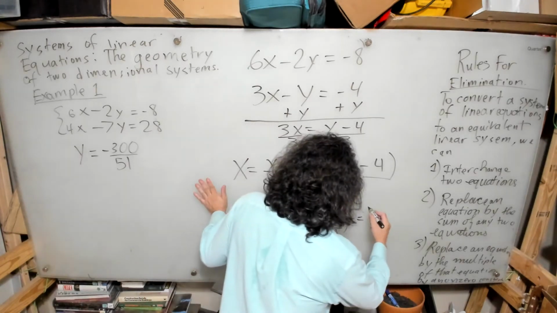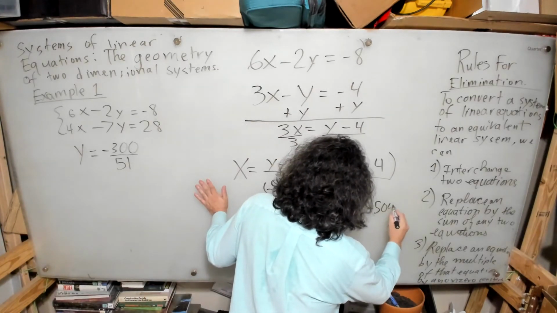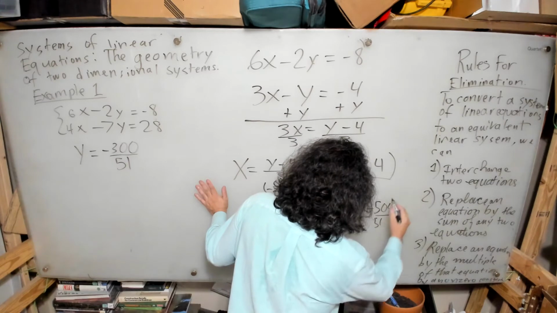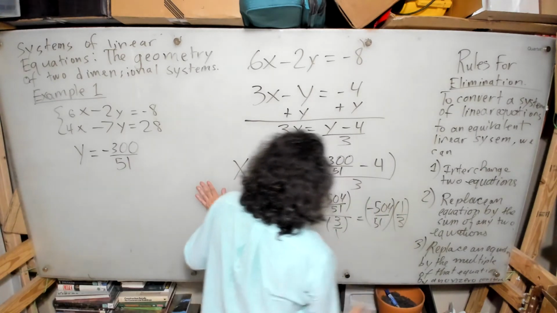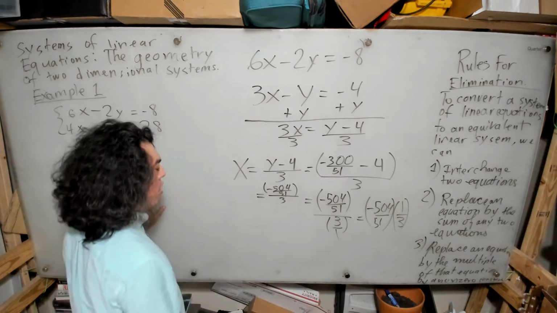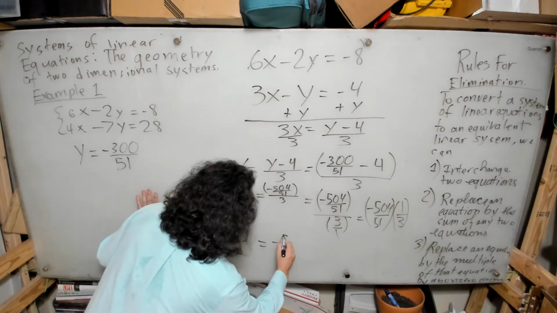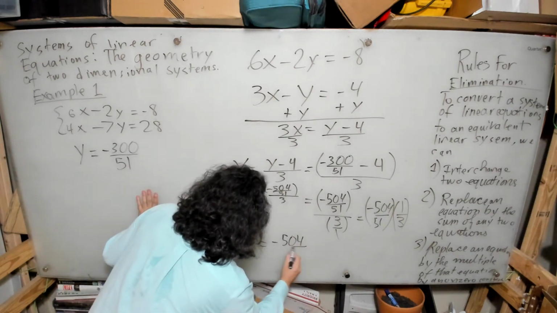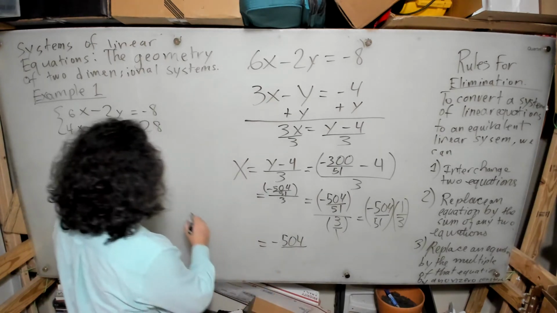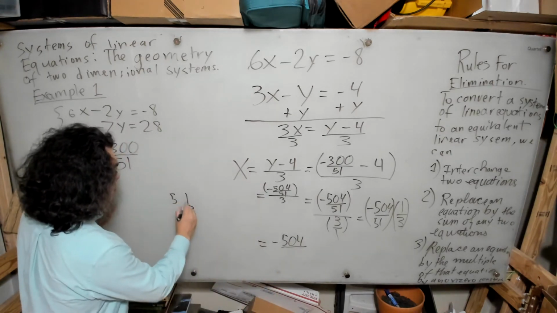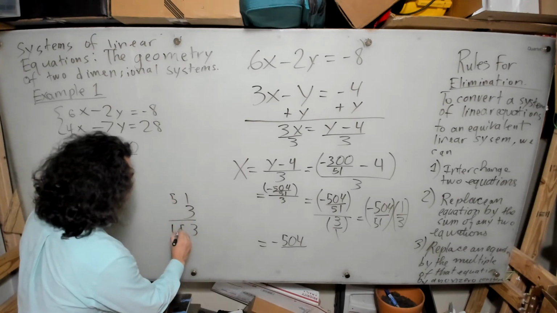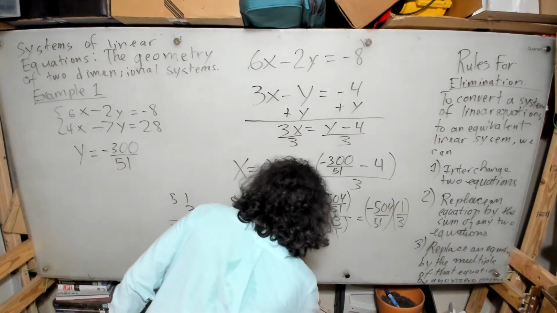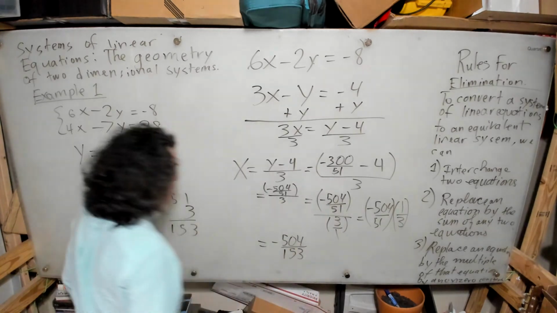So this is going to become negative 504 over 51 times 1 over 3. And so this is going to become negative 504 divided by, if you do 3 times 51, 3 times 1 is 3, 3 times 5 is 15, you get 153, okay?